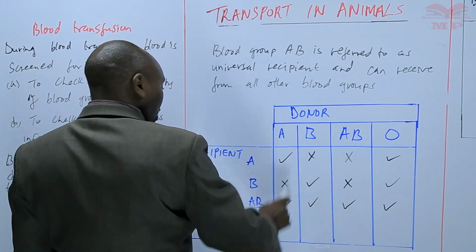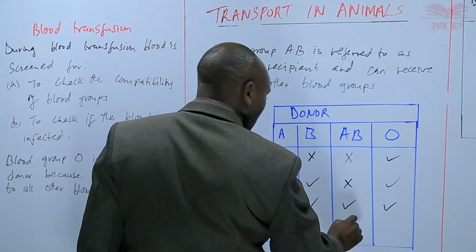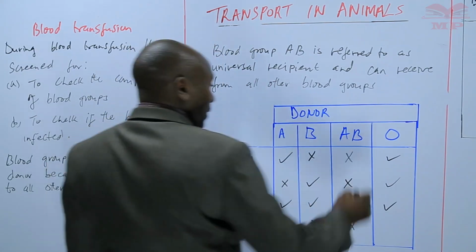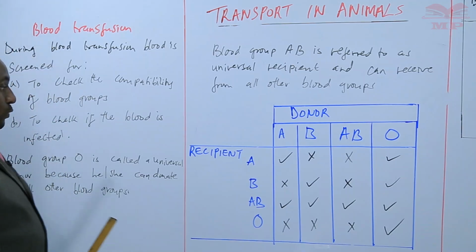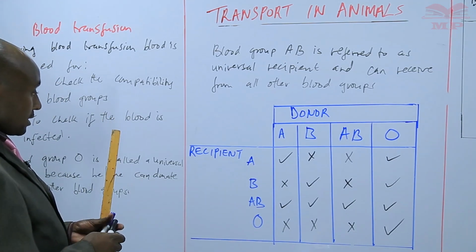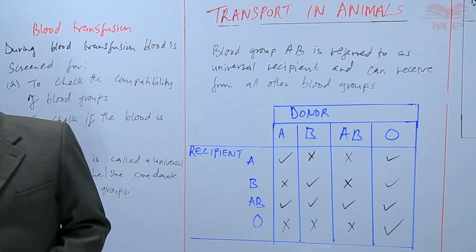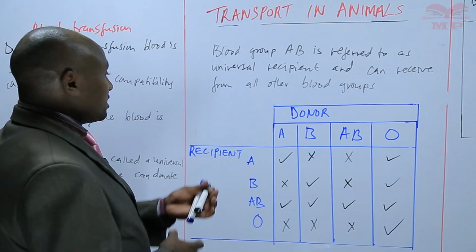And A cannot donate to O, B cannot donate to O, AB cannot donate to O, but O can only receive from O. So that is how the blood transfusion is done. So we can also indicate the antigens, the antibodies.